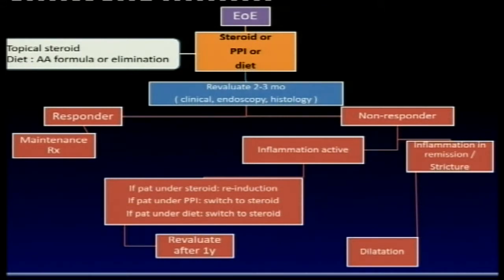If he didn't respond, I will see if he has active inflammation. If the patient is on steroid, I do reinduction. If the patient is on PPI, I switch to steroid. If the patient is on diet, I switch to steroid. So it will be steroid. This is why I started in the beginning with topical steroid. If the patient has remission or strictures, dilatation becomes a choice for eosinophilic esophagitis.